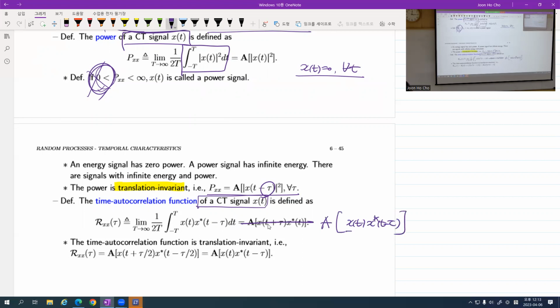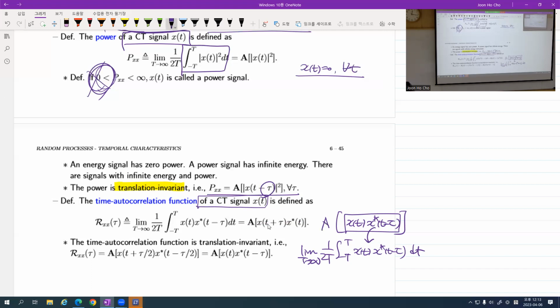Now, you remember the definition of time average. That is integration: you take some interval, take the limit, dt, and you put the argument of this operator as the integrand. So you have x of t, x conjugate of t minus tau. Now, why did I say initially these two are the same?